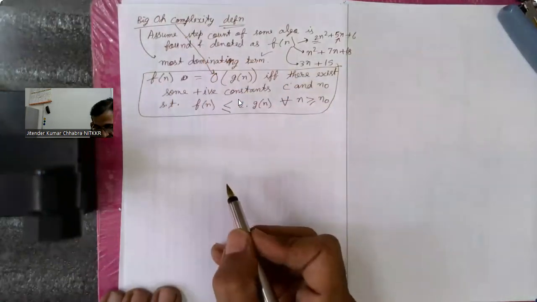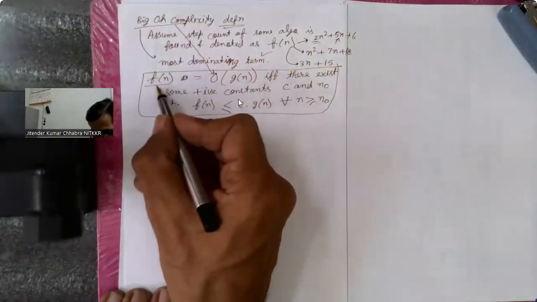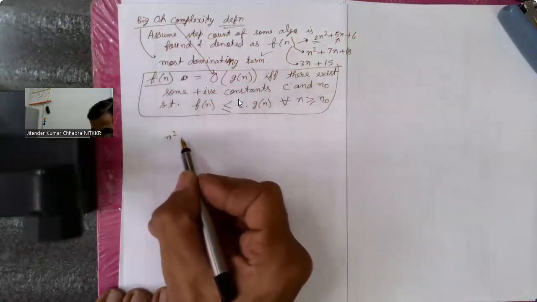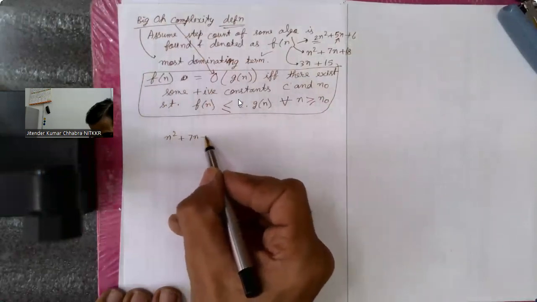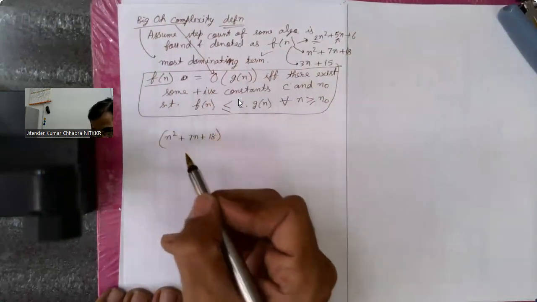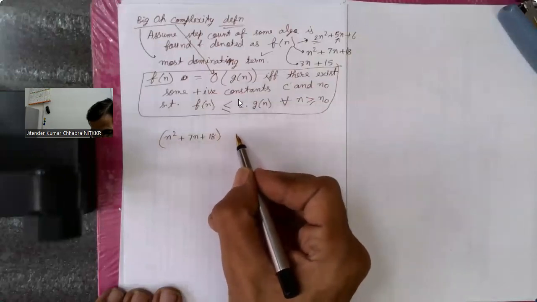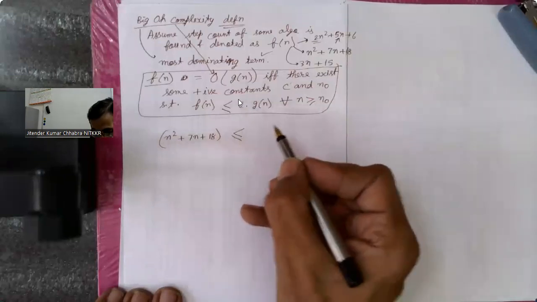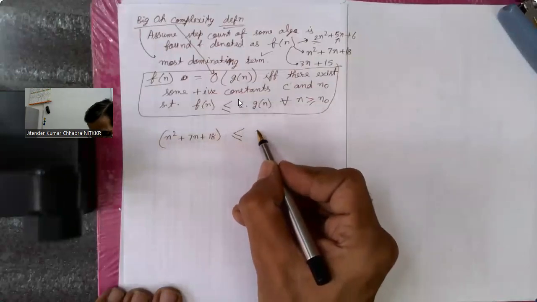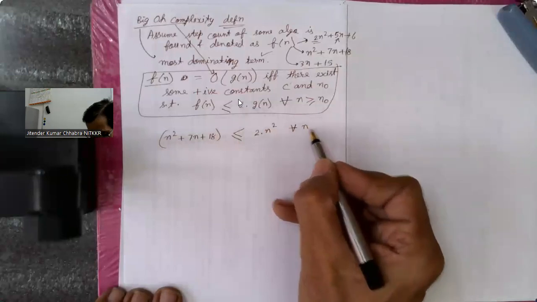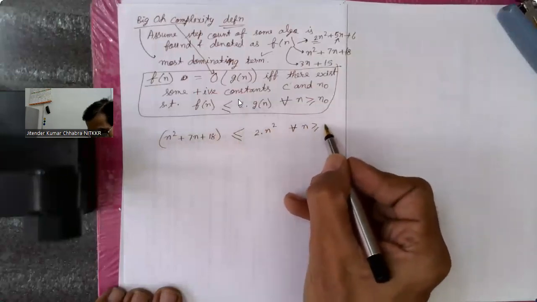What does it mean? Effectively, it says that if f(n) is approximately n square plus 7n plus 18, I could say this is less than 2 times n square for all n greater than or equal to some value.